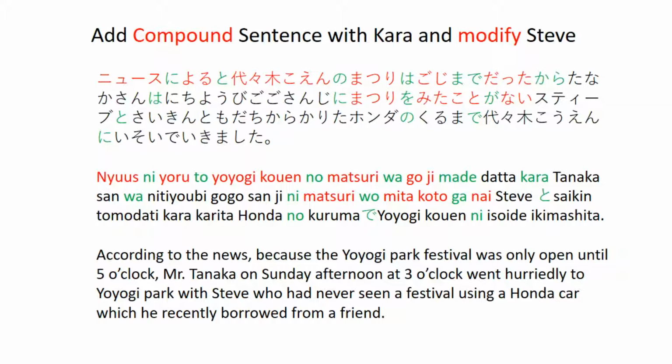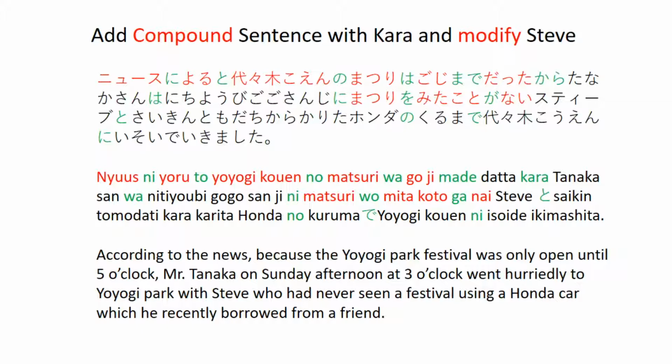Okay, so now we have a much longer sentence. And this new part that we've added means, according to the news, because the Yoyogi Park Festival was only open until 5 o'clock, Mr. Tanaka on Sunday afternoon at 3 o'clock hurriedly went to Yoyogi Park with Steve, who had never seen a festival, using a Honda car which he recently borrowed from a friend.